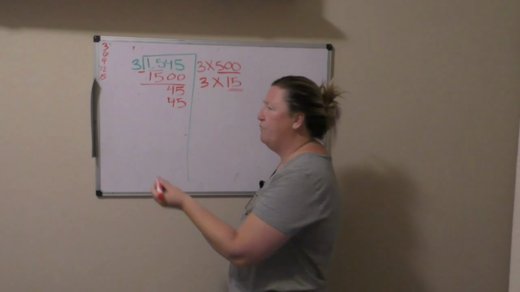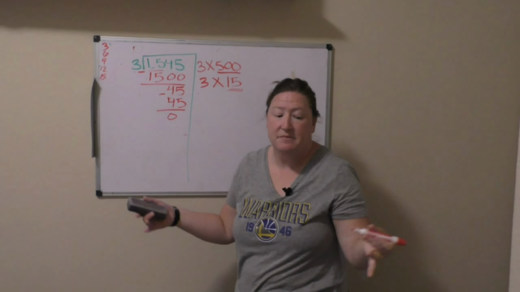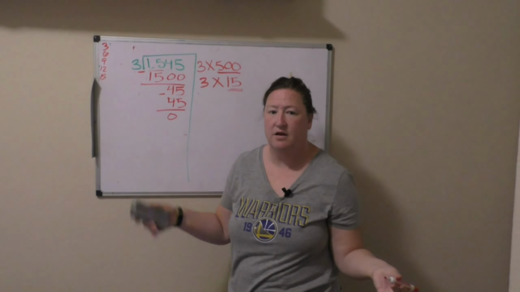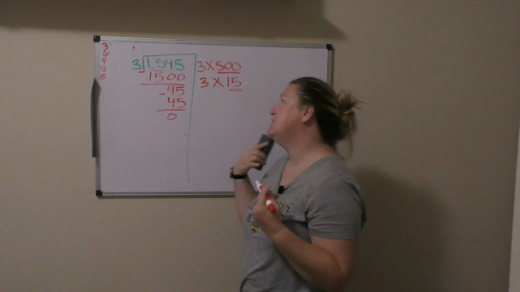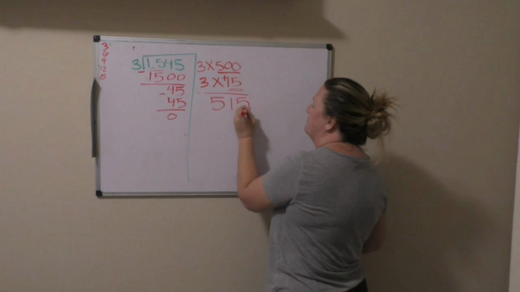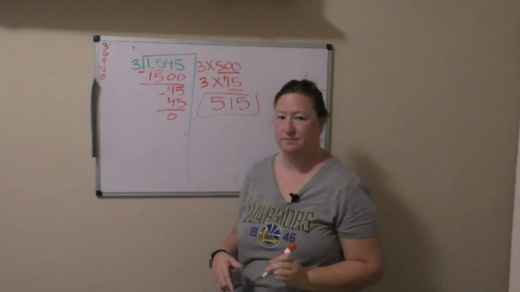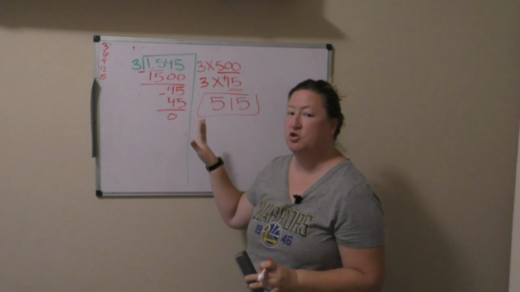So watch. 45 minus 45 is 0. I'm saving you another step. By knowing my multiplication facts, I'm saving myself time and steps. Because now all I have to do is 500 plus 15. My answer is 515. So this is partial quotients.